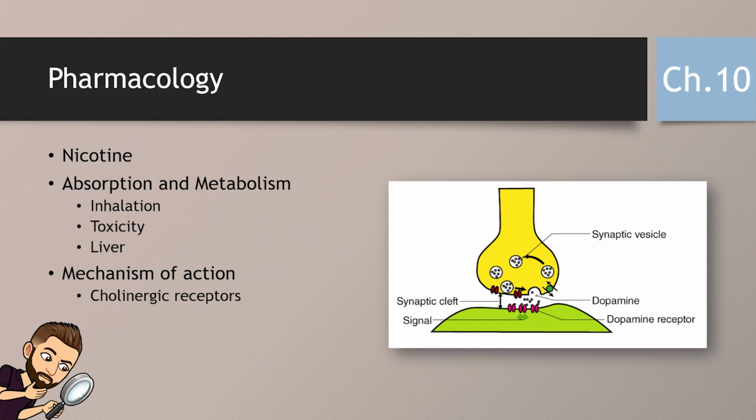First, it stimulates those receptors. This is just a general image of this synaptic cleft here. You'll see dopamine's labeled, but it's actually really acetylcholine that we're looking at here. What happens first is it will stimulate those receptors like acetylcholine does, and then it blocks the receptors so more acetylcholine and other nicotine can't get in.